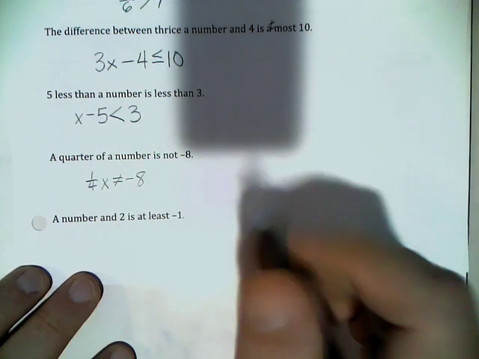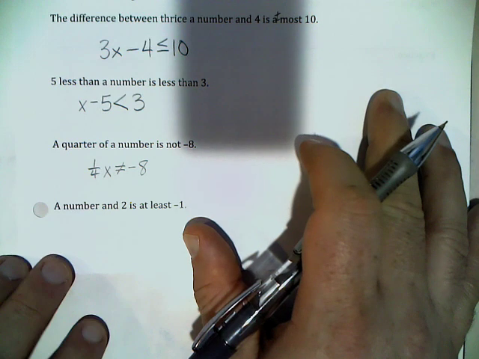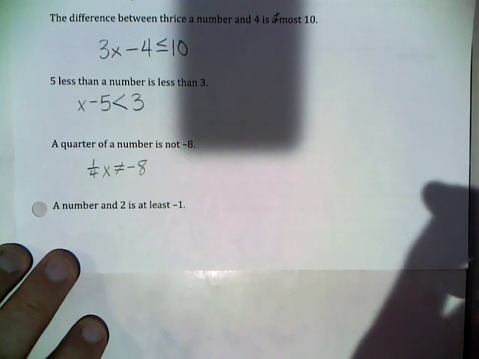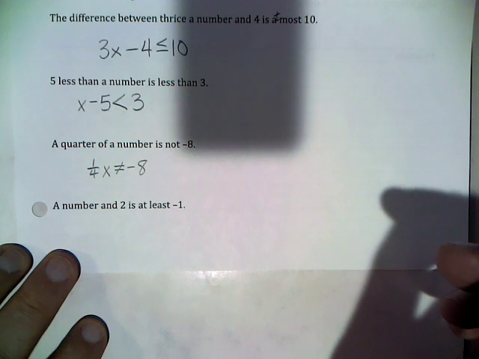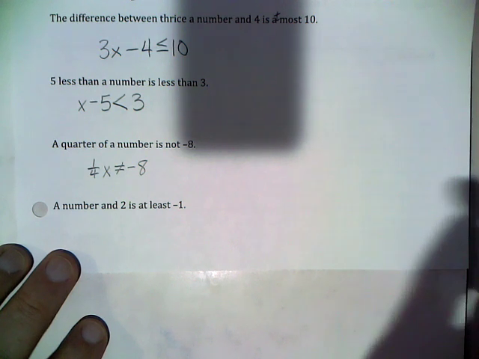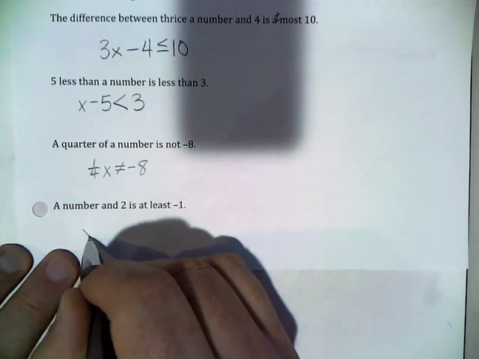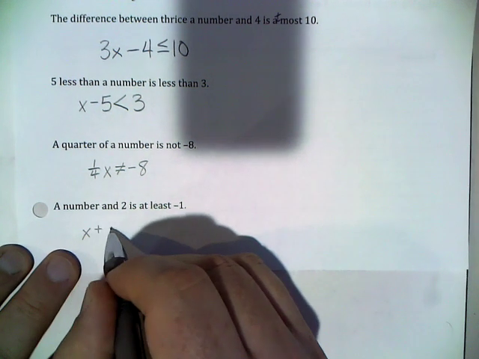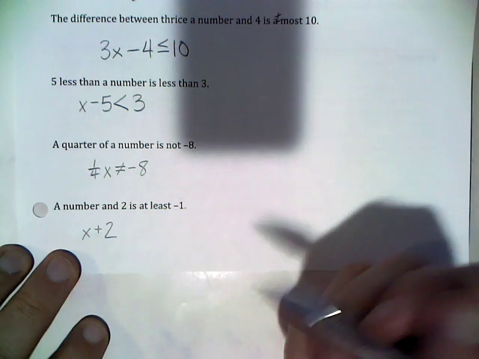And then finally the last one, a number and 2 is at least -1. So a number, x, and is plus. A number and 2 really means x plus 2.